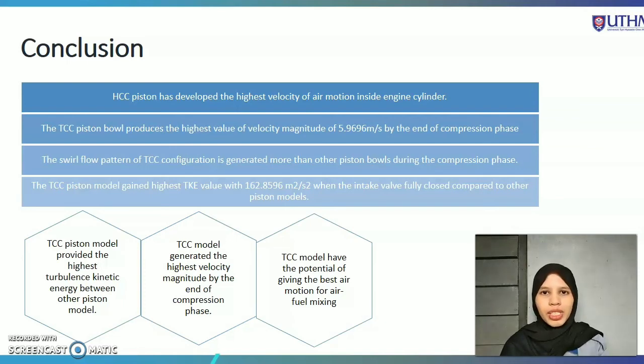Meanwhile, the TCC model generates high maximum velocity among the other piston bowls at the end of compression. The TCC model also generates high TKE value and the most swirl flow during the compression phase.